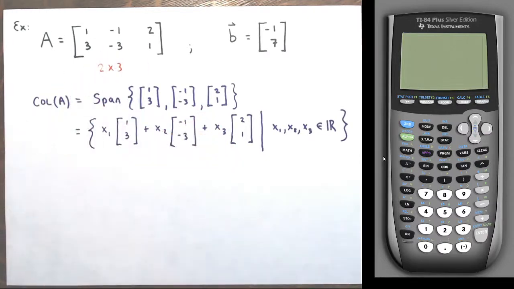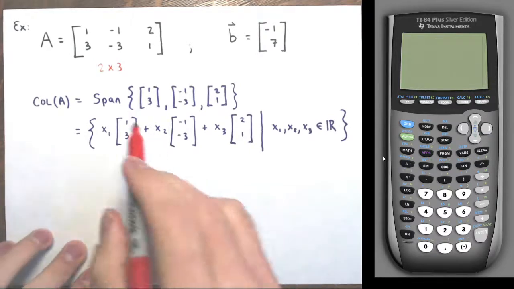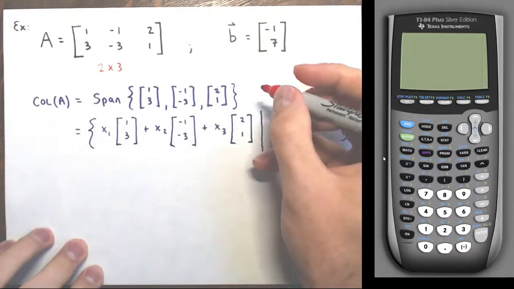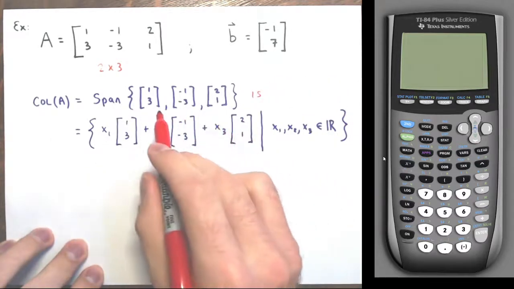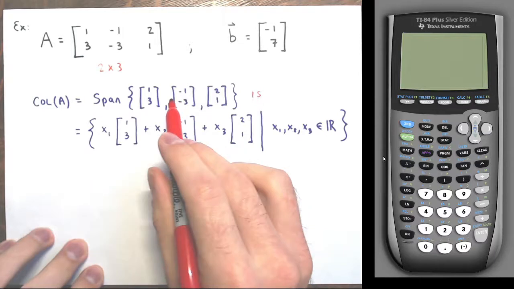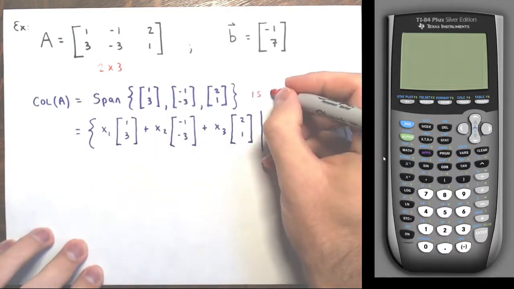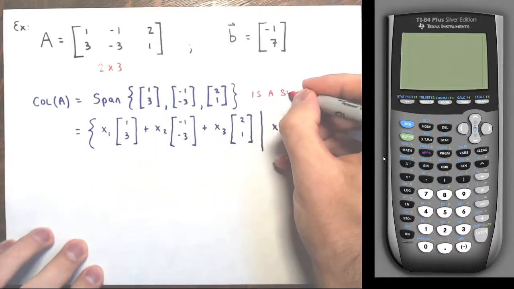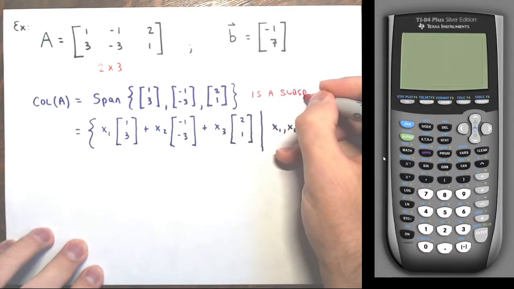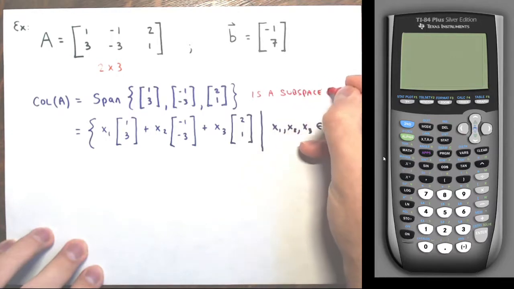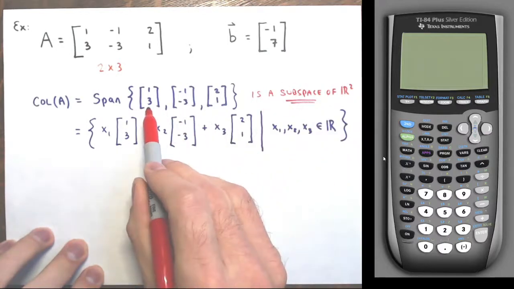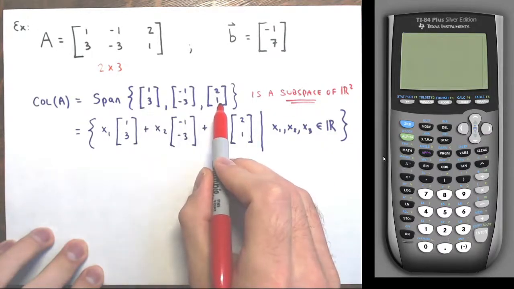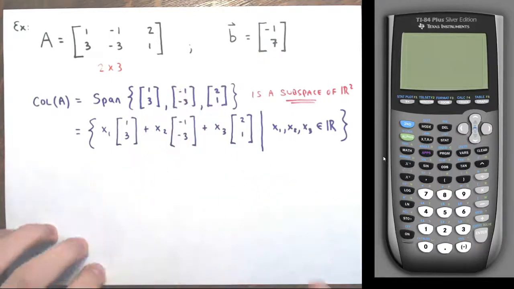And as I've said in the last examples, the column space of a matrix is a vector space. These vectors are from R2, so this is a subspace of R2. It might be all of R2 itself, and in fact it would be, because the first vector and third vector here are independent, but we'll get into that in the next video.